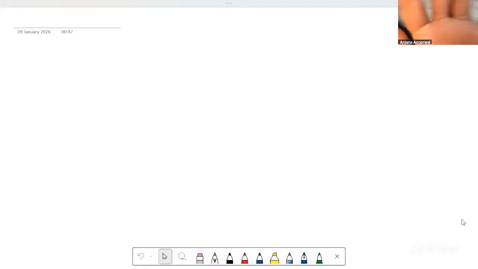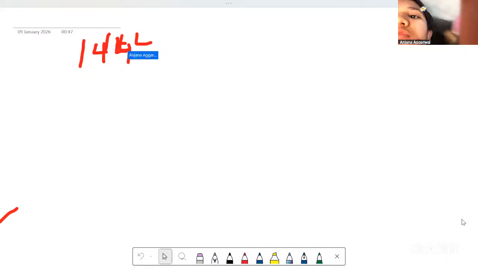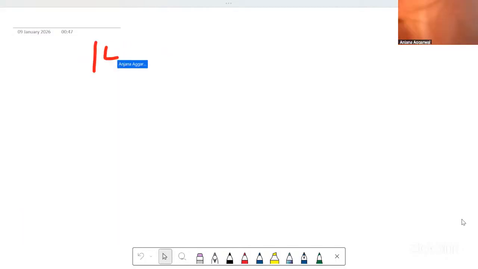So the first question on the sheet that you gave me was 144. Because there were so many, I told my mum I can't do all of them, I only do a bit. She said I can give you a trick. To find the square root of 144, you can pick a number that you think might be divisible.